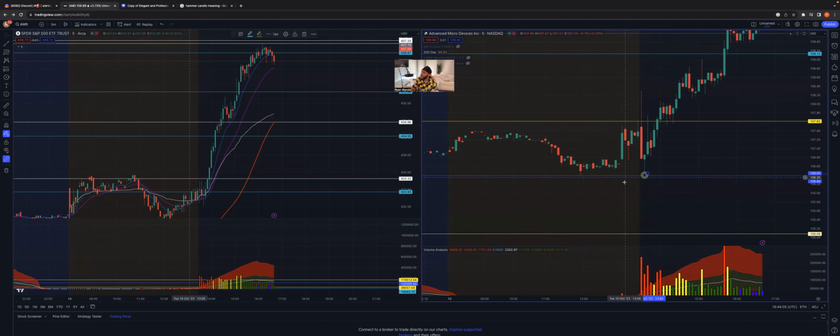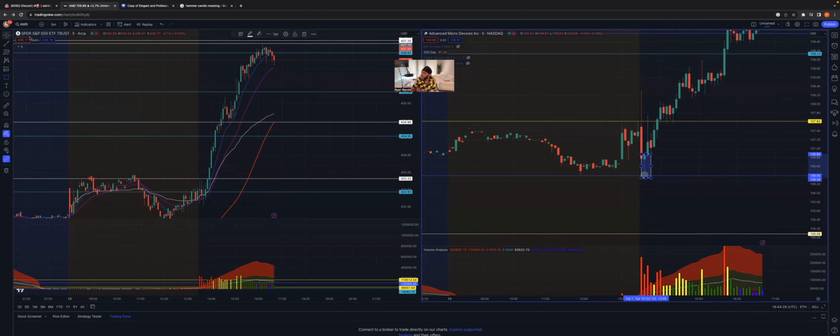The best thing about why this is important is we hit this level, which is pre-market lows, and a lot of people are looking at this trade thinking that we're going to go to the downside. But if you notice, we just built a pretty impressive candle right here. Let me circle it so I can show you what I'm talking about. This candle that we created, I'm going to put it in blue.